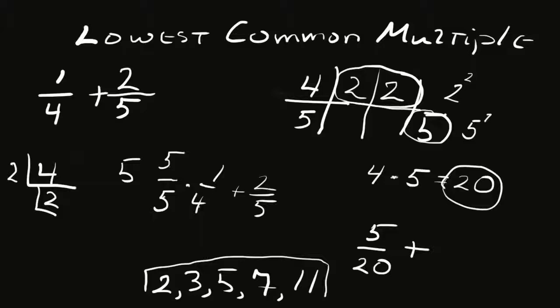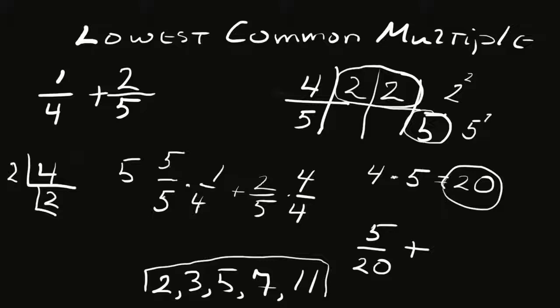Now, to turn 2/5 into something over 20, well, how are we going to turn 5 into 20? We know that 20 is made out of 4 times 5. We've already got the 5. So let's multiply that by 4. And once again, if we multiply the denominator by 4, we're allowed to do so only if we multiply the numerator by the same, because multiplying 2/5 by 4/4 is the same as multiplying it by 1.